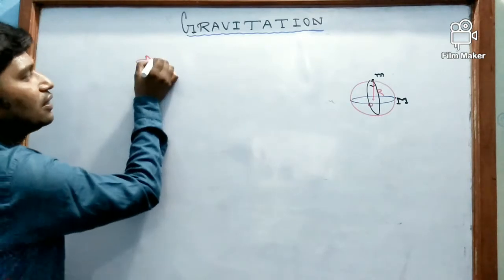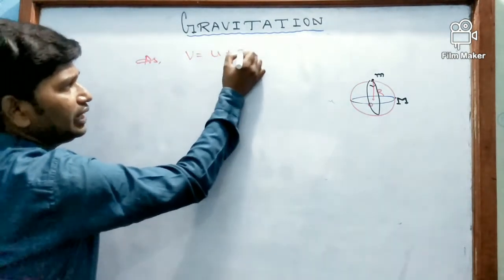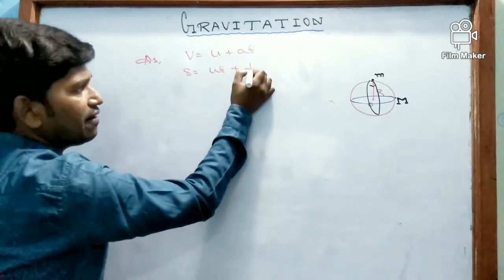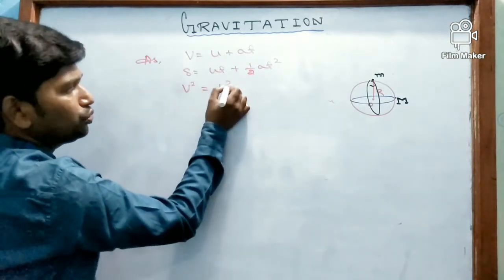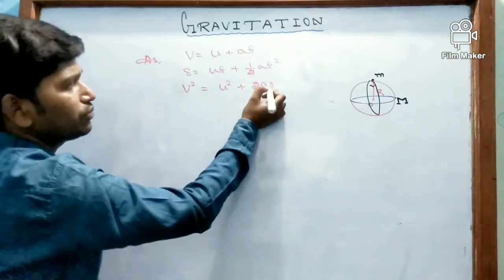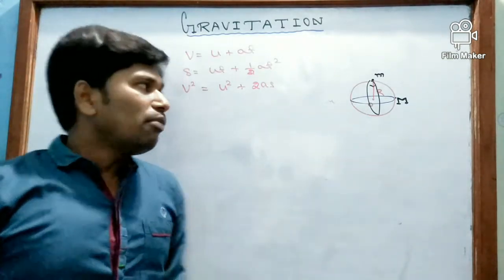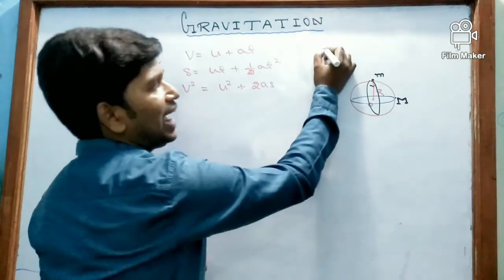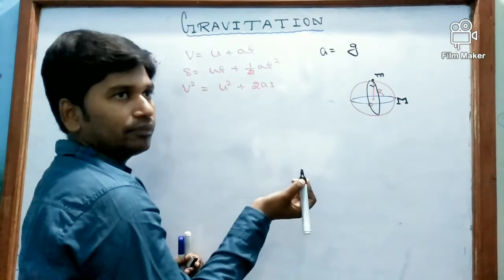We know the equations of motion: v equals u plus at, s equals ut plus half at square, and v square equals u square plus 2as. When a body falls freely under gravity, we take acceleration equal to acceleration due to gravity.